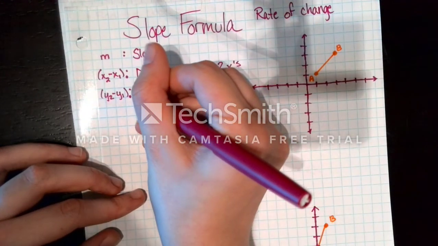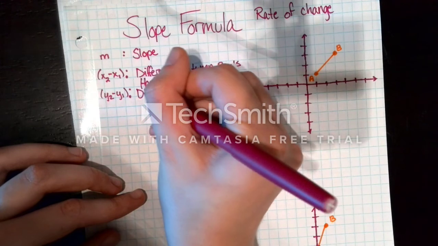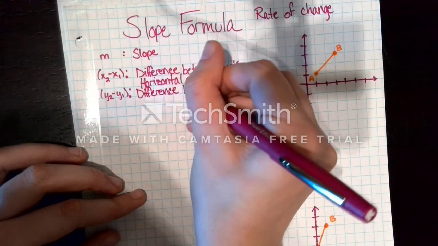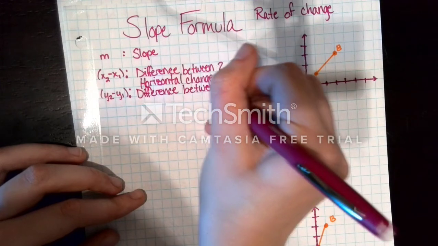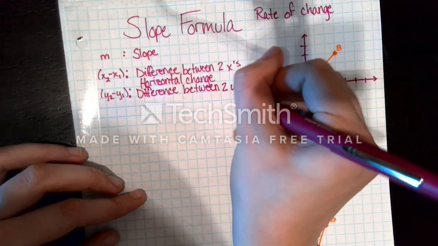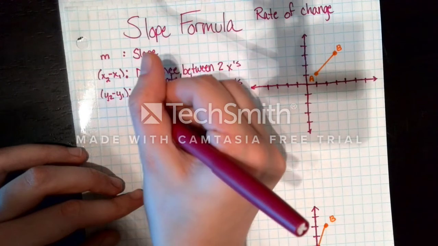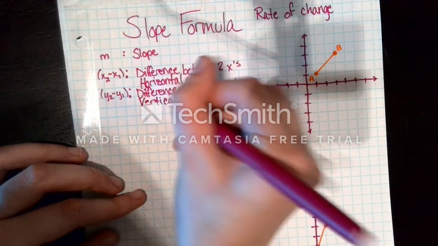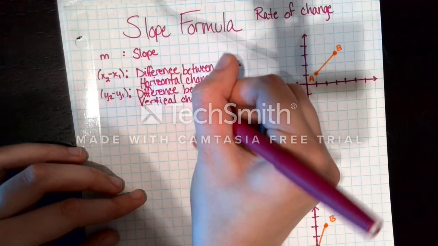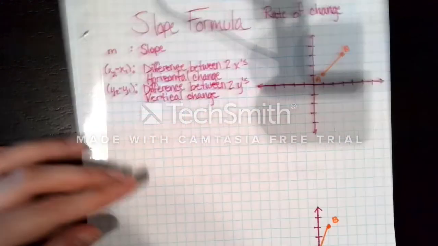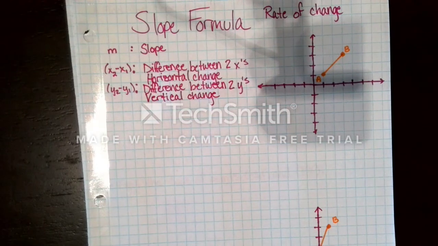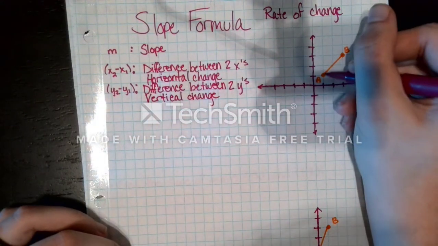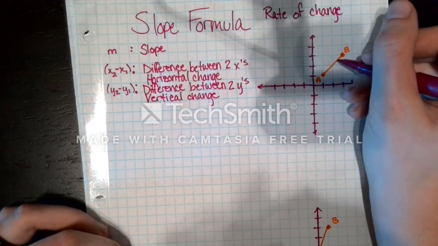We're looking at the difference between two y's, or the vertical change. You may have heard of the formula being referred to as rise over run. The amount you have to go up, the amount you have to go to the right to meet your point.